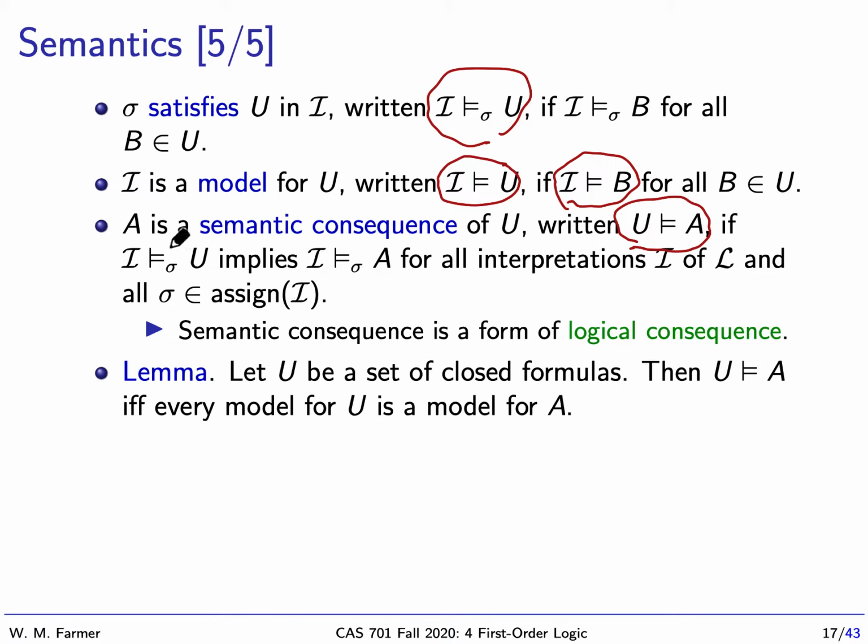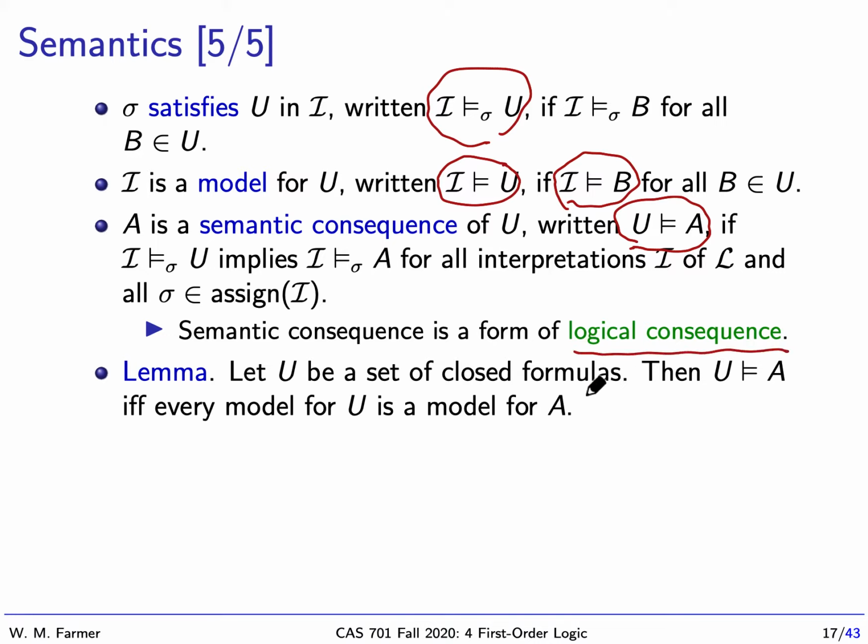So that means whenever we can satisfy U, then we're going to be able to satisfy A. That's basically what it says. And we call this a semantic consequence because it's a special form of logical consequence.